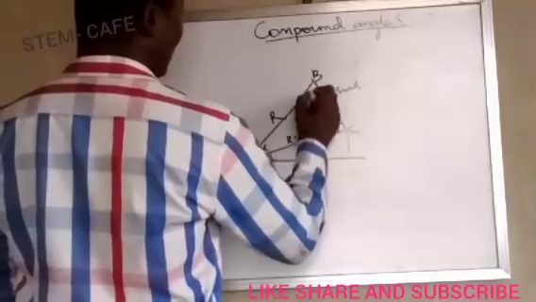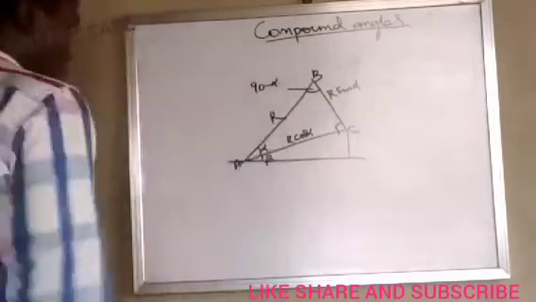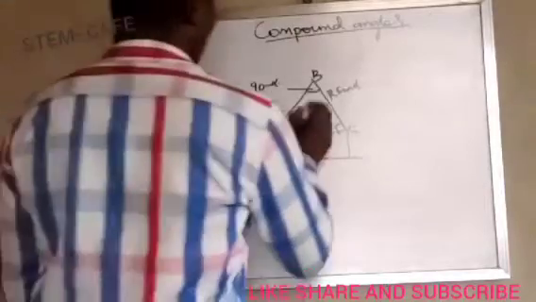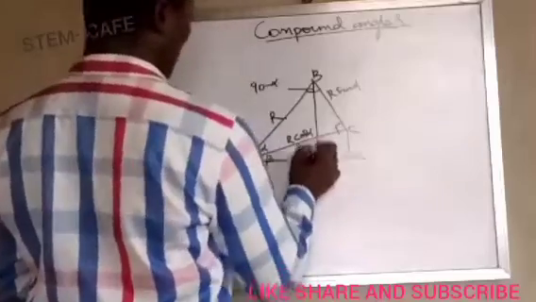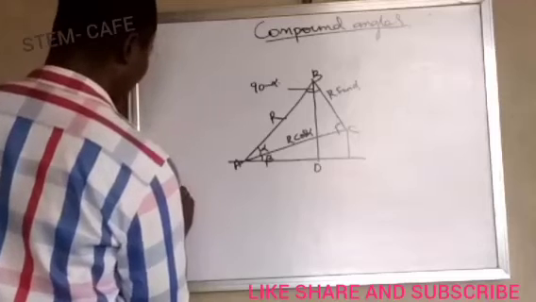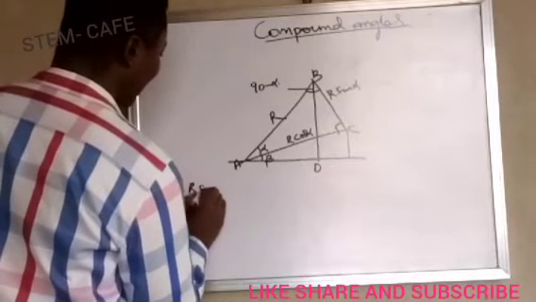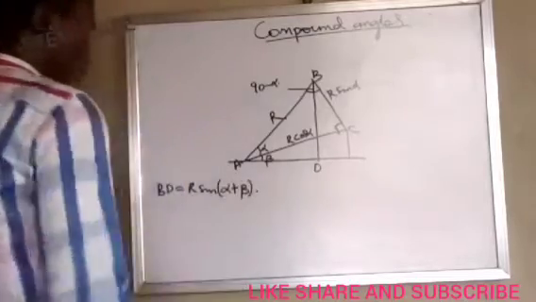Now, this whole angle is 90 minus alpha. The distance here, let me call this place D, will be BD, which is equal to r sine (alpha plus beta).